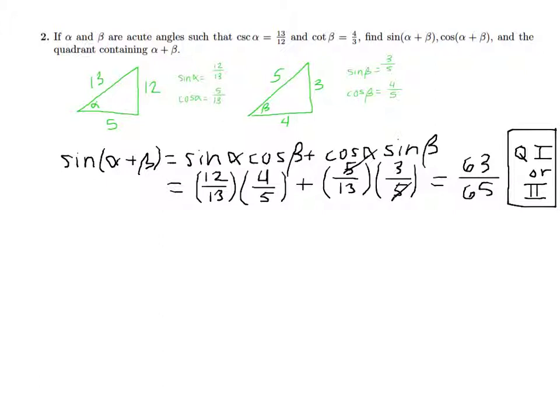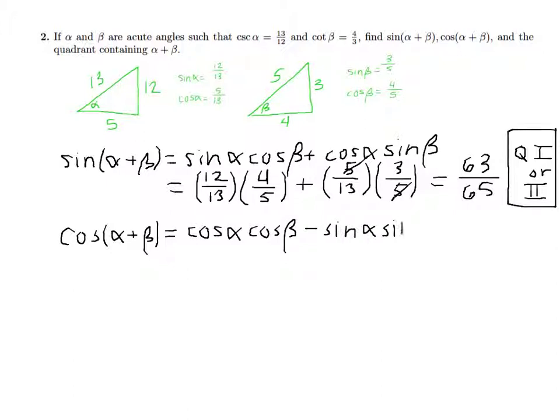Okay, now we need to find cosine of alpha plus beta, and that equals cosine of alpha, cosine of beta, plus, minus sine of alpha, sine of beta.